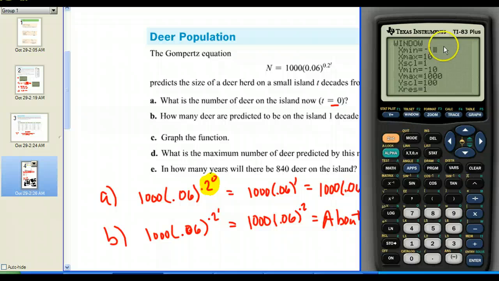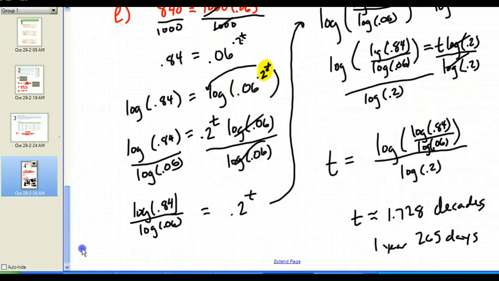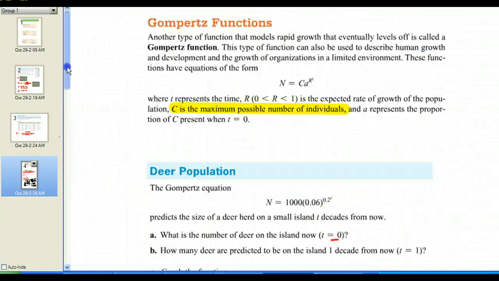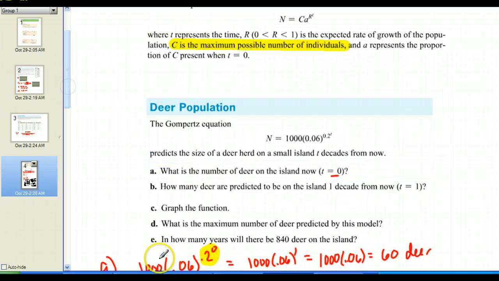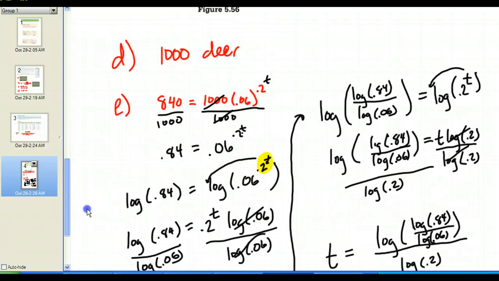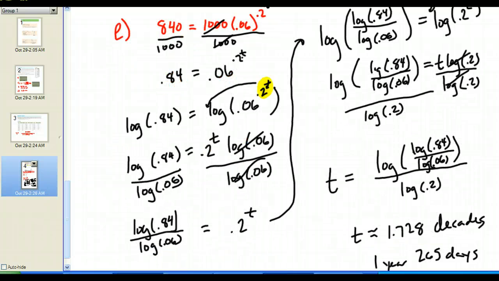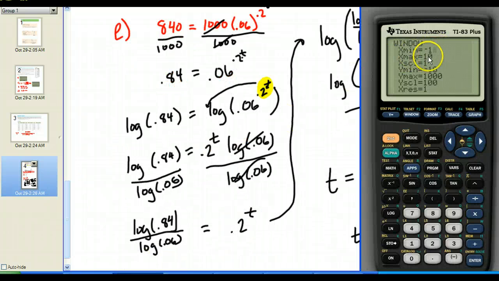Alright, so I changed my window to this, -1, just to have something to the left side of the y-axis, just so we can see the y-axis. And then there's the x max of 10, because again our answer ended up being just 1.728, so we didn't need anything extremely large. So I put positive 10 there.